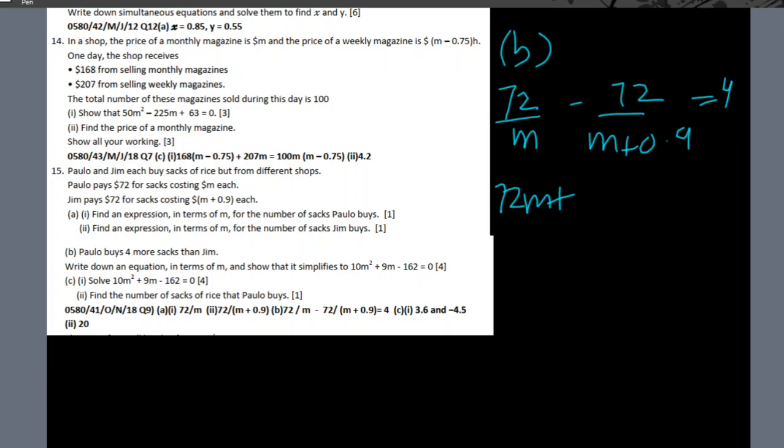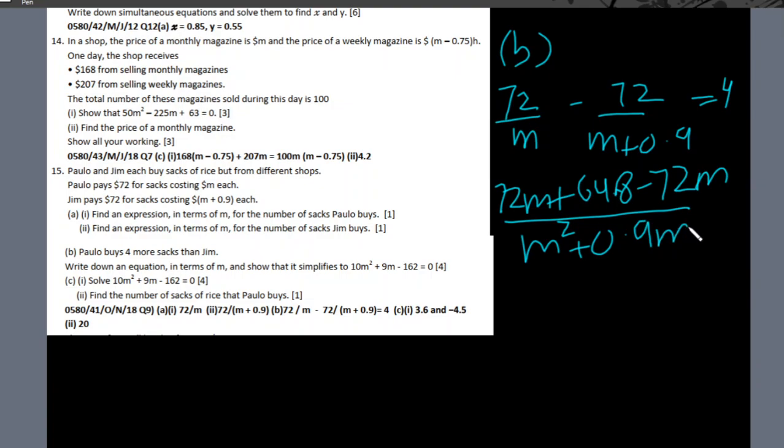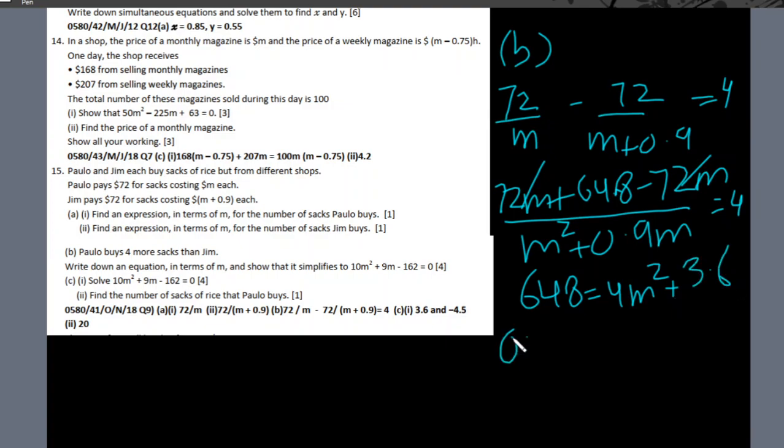That is 64.8, minus 72M, over M squared plus 0.9M, equals 4. So 64.8 equals 4M squared plus 0.9 times 4, 3.6M.